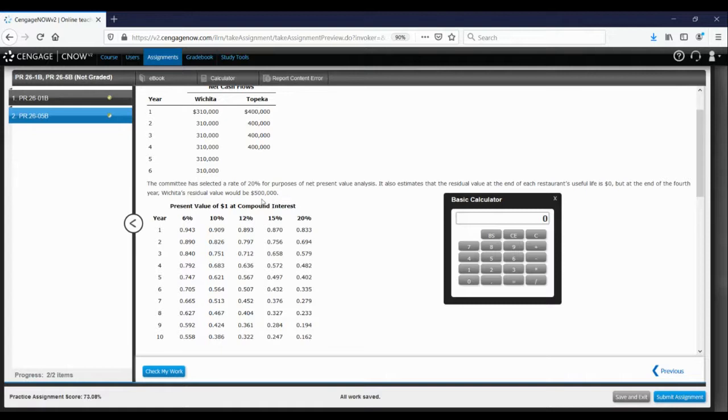So in the first year, the present value of $310,000 was $258,230. We're going to add to this the present value in year 2, which was $215,150.